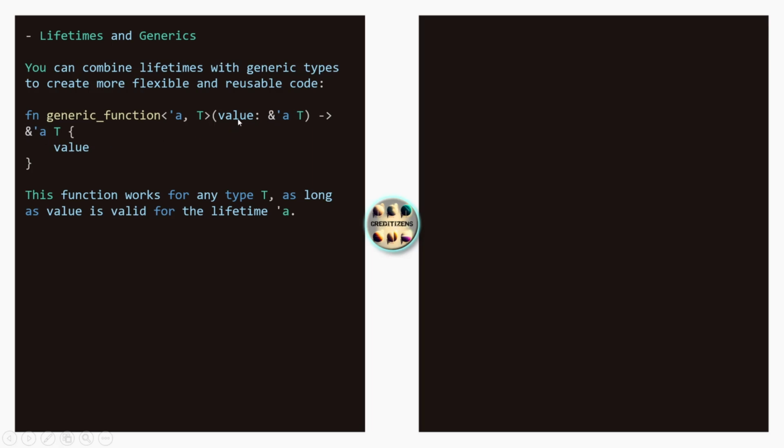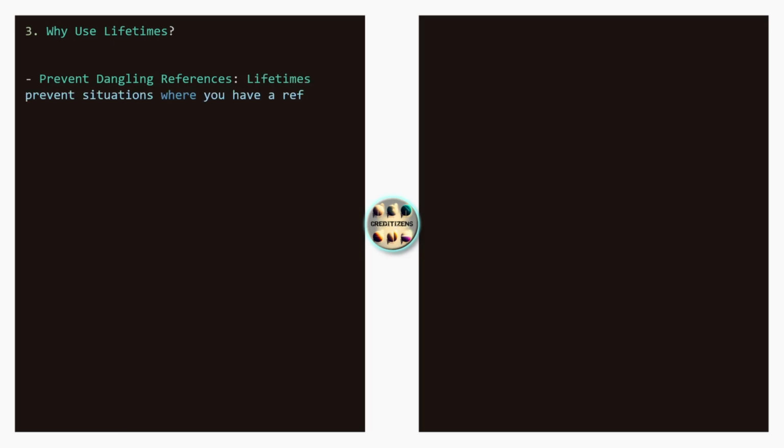This function works for any type T as long as the value is valid for the lifetime A. We're not going to use generics in the hands-on example, to not overcomplicate it, otherwise it's going to last too long, but we might see the structs.